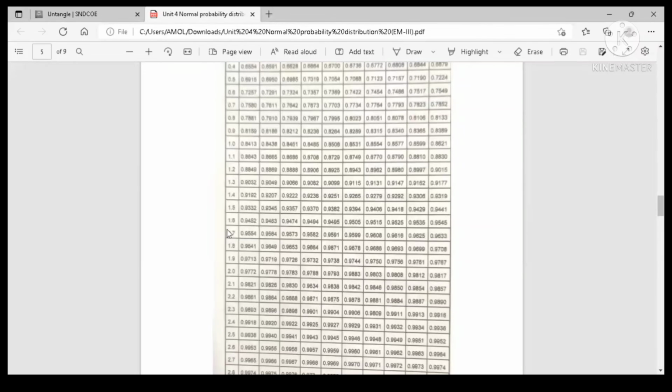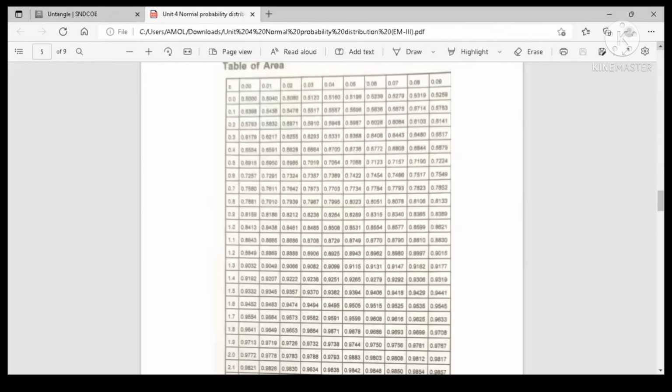This is 1.7 and the difference of 0.05 in this column. So it is 0.9599. This is your area.